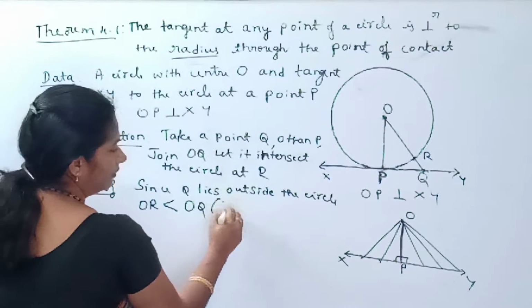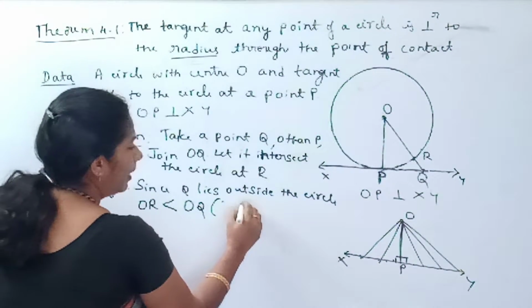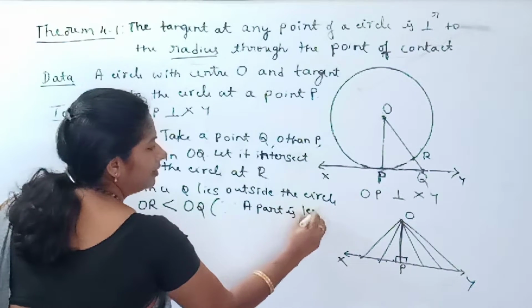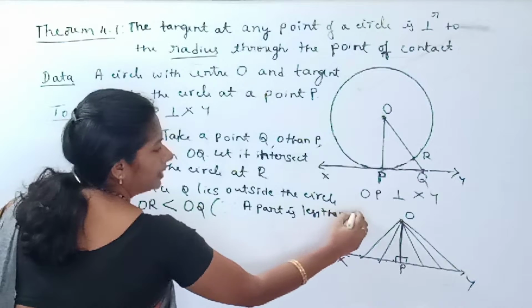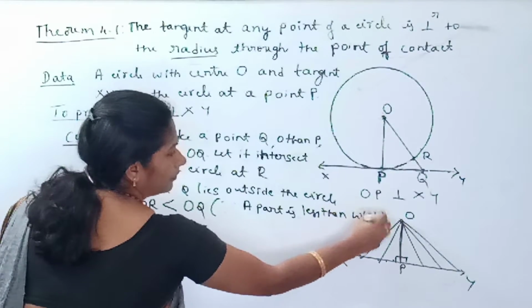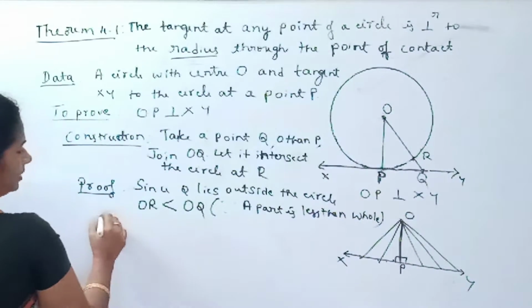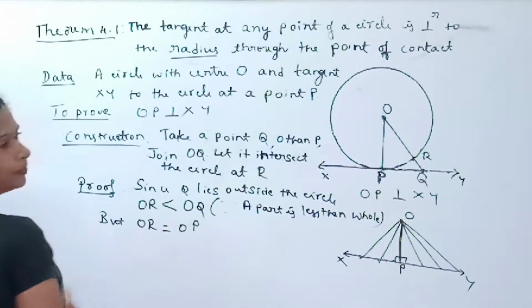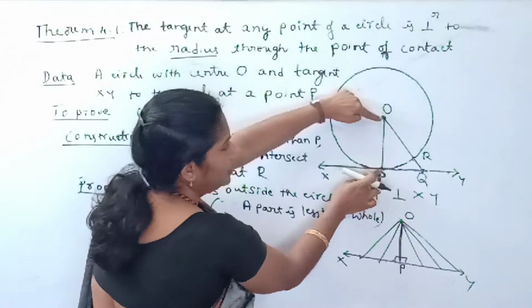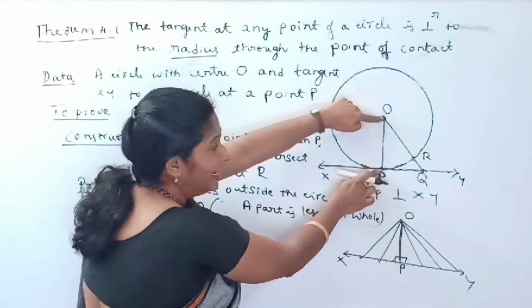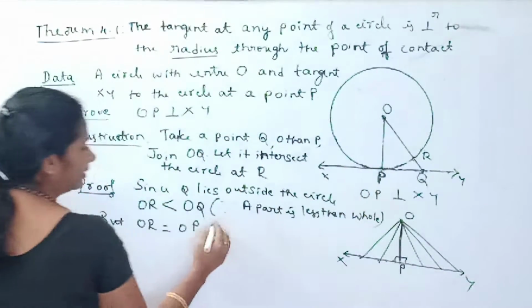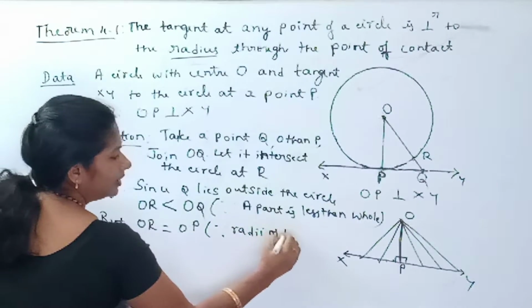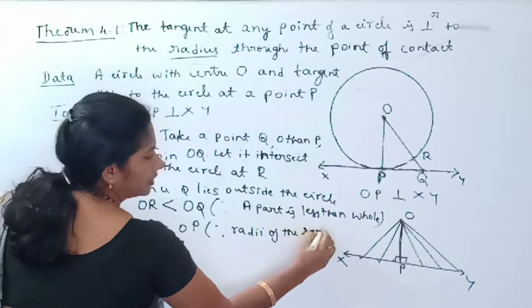What is the reason we can write here? A part is less than the whole. Got it? Next, OR is equal to OP. They are radii of the same circle.